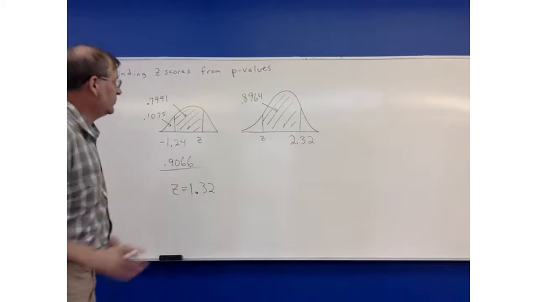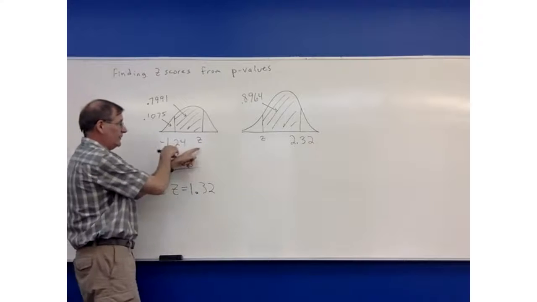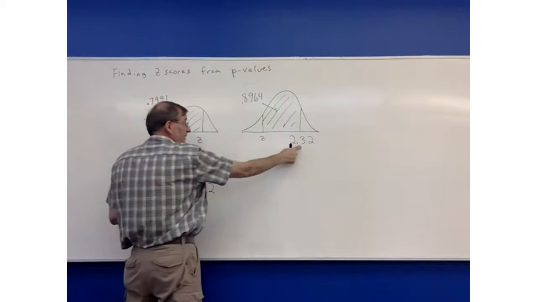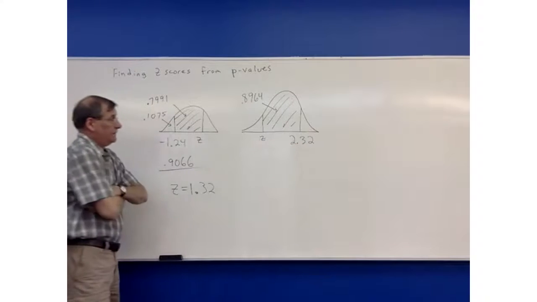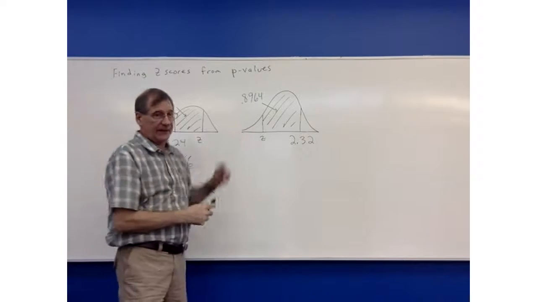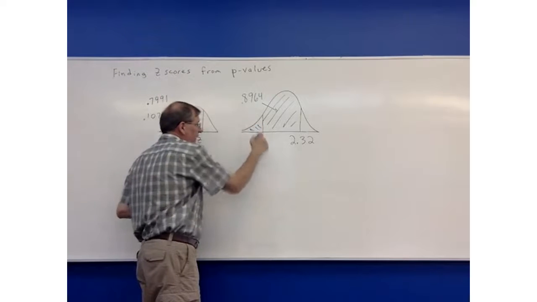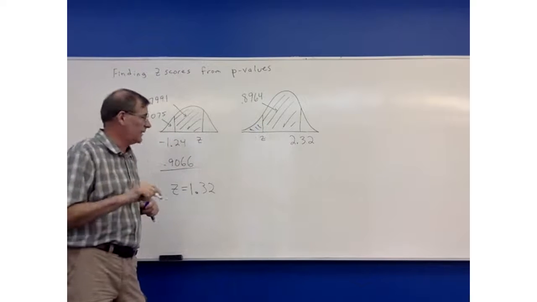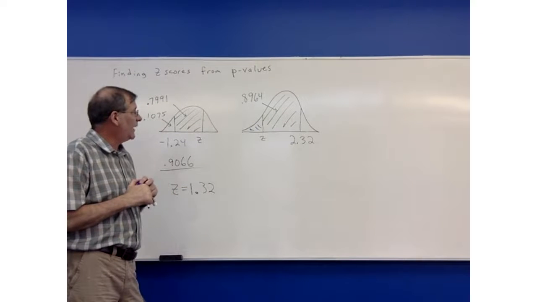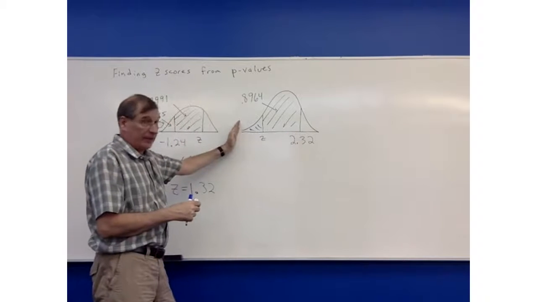Okay, let's look at the next one. It's set up a little differently. We've just swapped those. Here, the lower value we do not have, but we do have the z-score for the upper boundary. So what we need to do here is find the area down here. Once we have that area, we can look up our p-value and find the corresponding z. How would I do that? Well, this gives us the area from here all the way over.